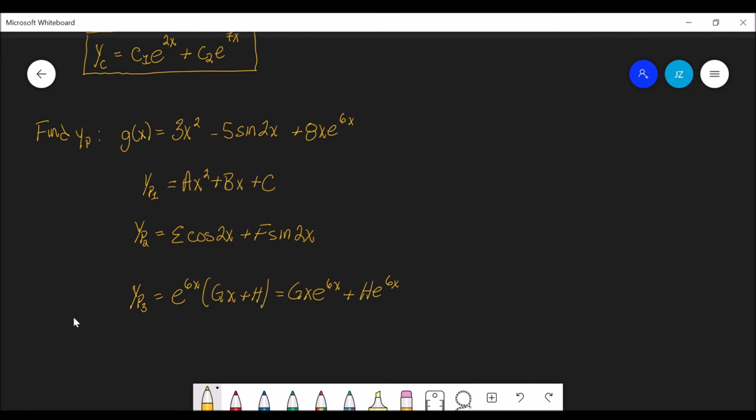Our final particular solution will be the sum of these 3. So what we have to do is determine the coefficients a, b, c, e, f, g, and h, hence the name undetermined coefficients. We're going to tackle each of these 3 individually, and then at the end we will just take the sum.